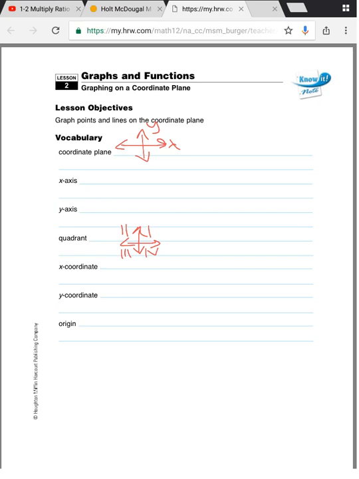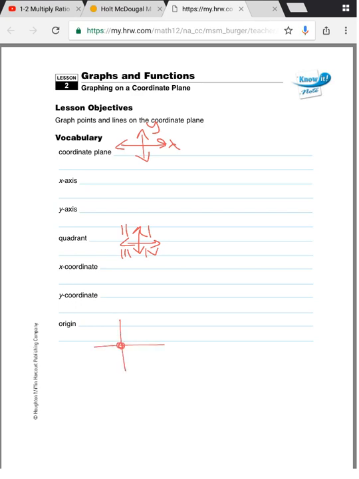The x-coordinate is the first number in an ordered pair. It tells the distance to move right or left from the origin, (0, 0). The y-coordinate is the second number in an ordered pair. It tells the distance to move up or down. And the origin is the point where the x and y axes intersect on a coordinate plane, (0, 0).